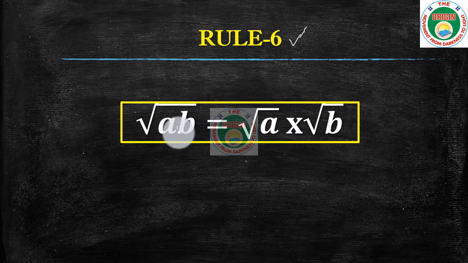Square root of a into b equal to root a into root b. It is applicable only when the two numbers have multiplication. If you have a positive or negative sign, no need to divide. It is not possible. For multiplication only, we can divide it.